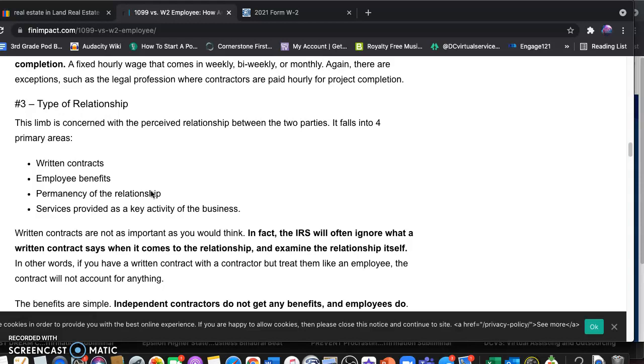So, employers, if you have independent contractors, you don't give benefits, but you can provide incentives to be a part of your company. When you say the word benefits, it automatically pulls toward W-2 employee status. So you just have to be careful how you word things.